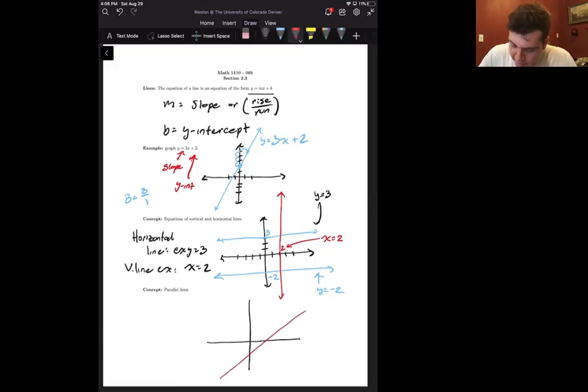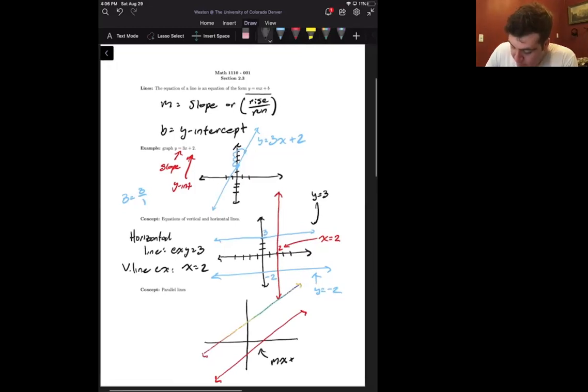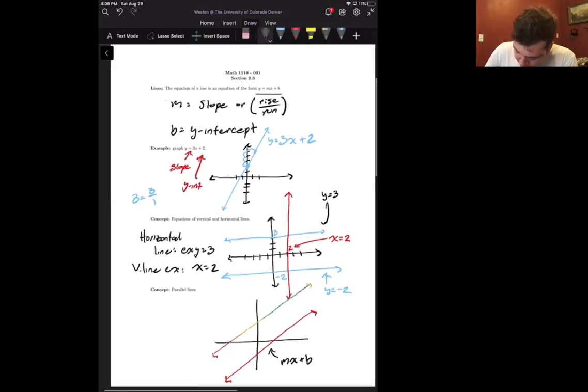Draw a red line and then use a fancy multicolor to draw a parallel line. Remember, two lines are parallel if they never intersect. If this line has equation mx plus b, then this y-intercept right here is b.